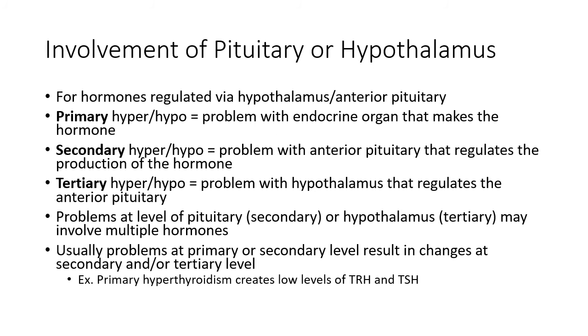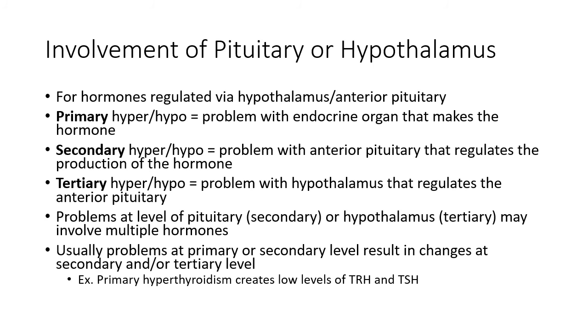So for hormones that are controlled through the hypothalamus and anterior pituitary, you could have problems with those hormones that are caused by the endocrine organs that release them, or by the anterior pituitary, or by the hypothalamus. If it's a primary hyper or hypo disorder, then you have a problem with the actual endocrine organ that makes the hormone that you have too little or too much of.